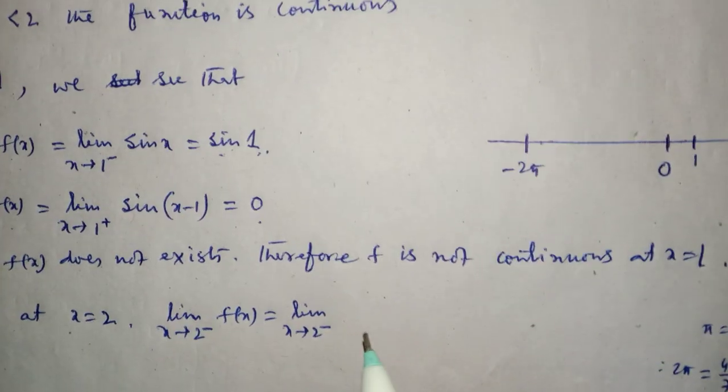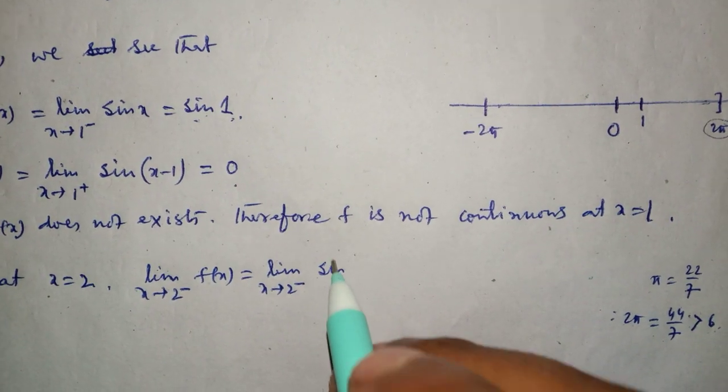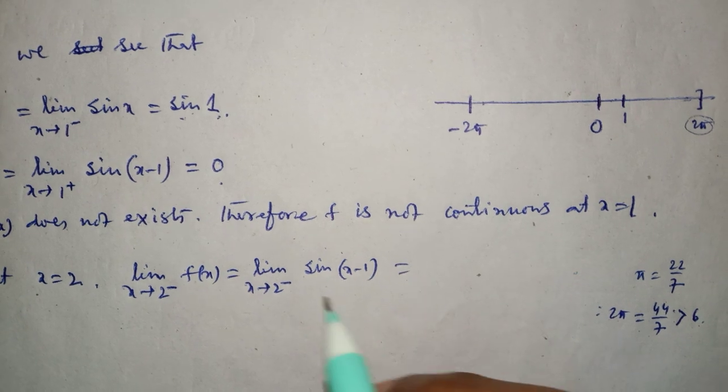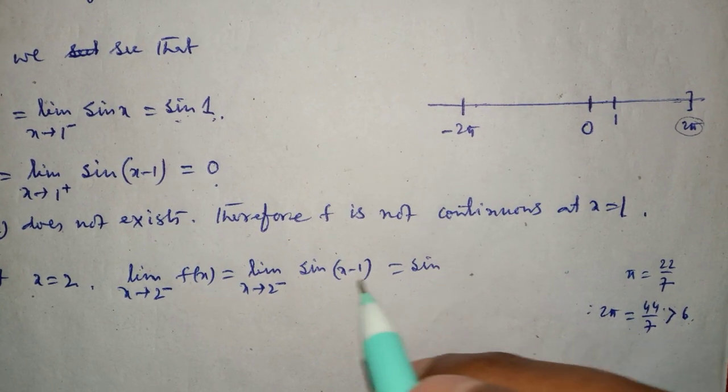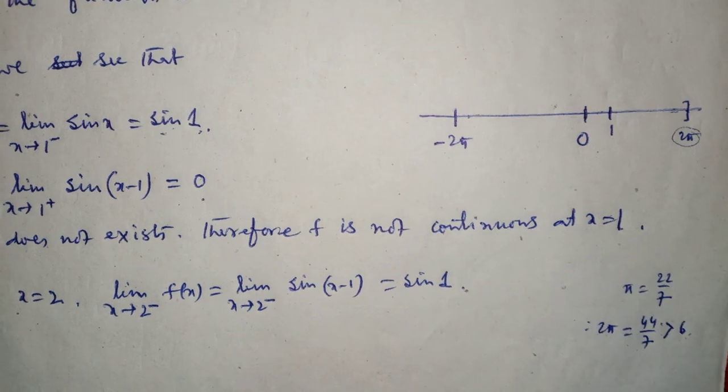So here sin x minus 1 is equal to sin 2 minus 1, which means 1.